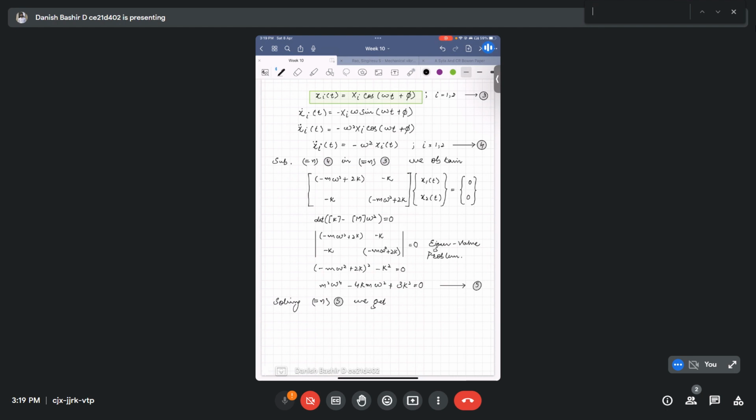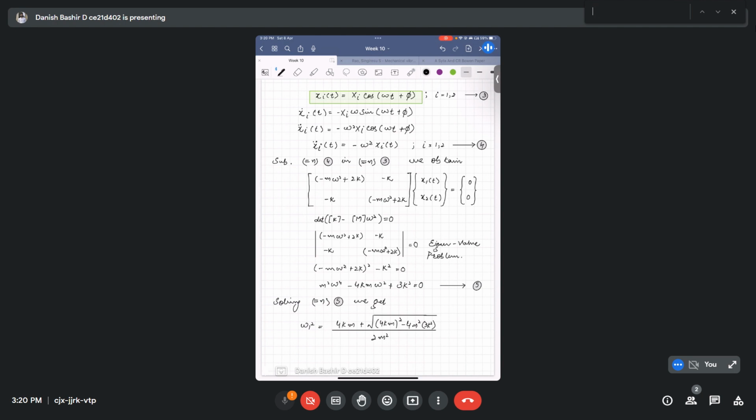Omega 1 square is minus b plus root under b square minus 4ac, divided by 2a, where b is minus 4km, a is m square, and c is 3k square, so 2a is 2m square.